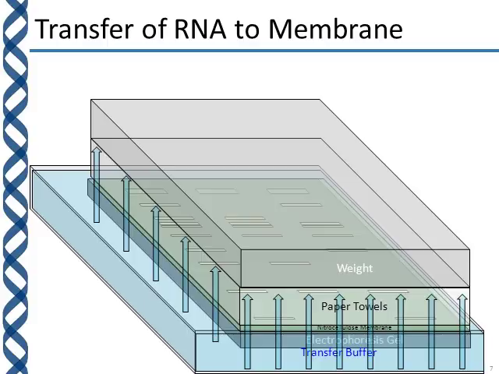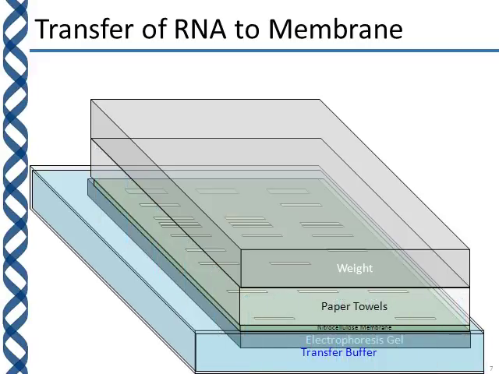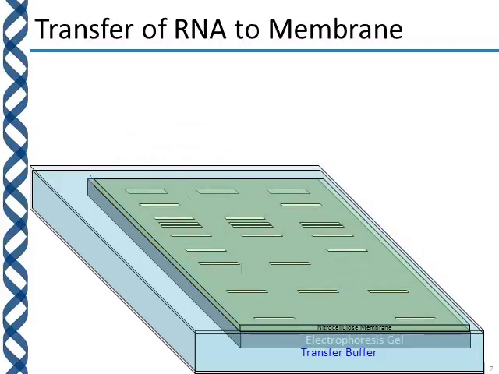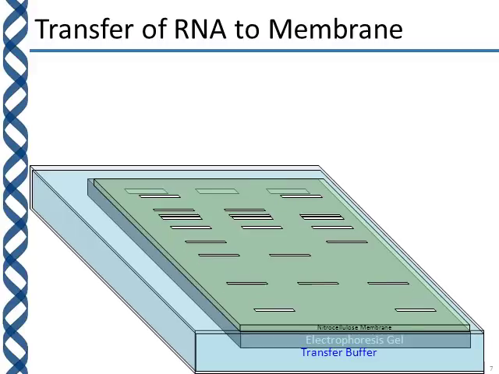The nitrocellulose paper will bind all RNA molecules which it comes in contact with. When it is complete, we remove the weight and the paper towels. And now the nitrocellulose paper is an exact copy of the RNA molecules which were on the gel.